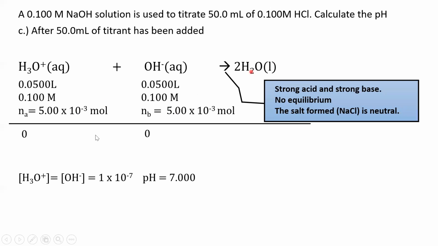And we know that pure water has an equal hydronium to hydroxide ion concentration. And we know that that value is 1 times 10 to the minus 7. Take the negative log of that. The pH at the equivalence point is 7. And as long as we're looking at a strong acid, strong base titration, the pH will always be 7 at the stoichiometric equivalence point.